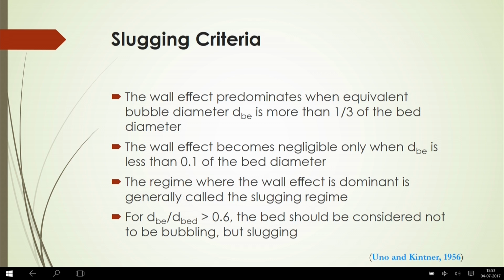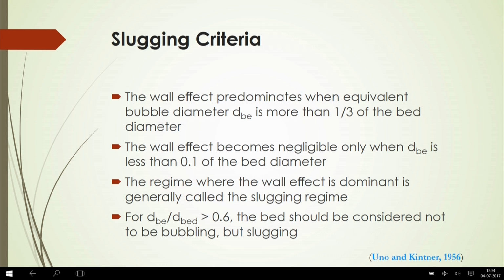That means the maximum bubbles will be in the medium, not adjacent to the wall of the bed, and whichever bubbles come to the wall will get that wall effect. Otherwise, very small effect of the wall will be there.